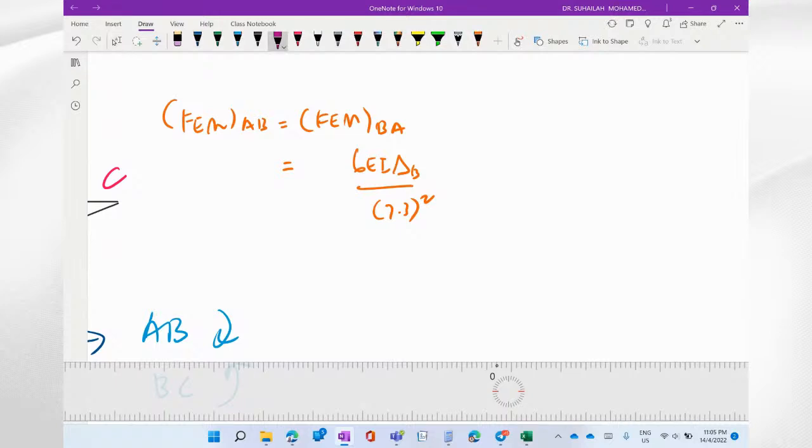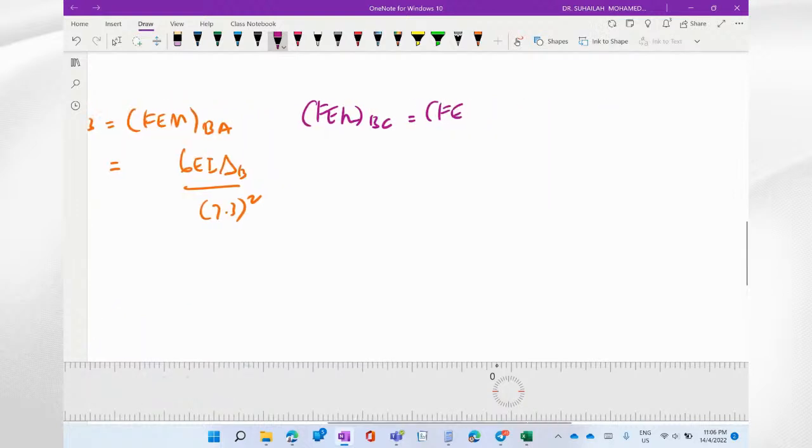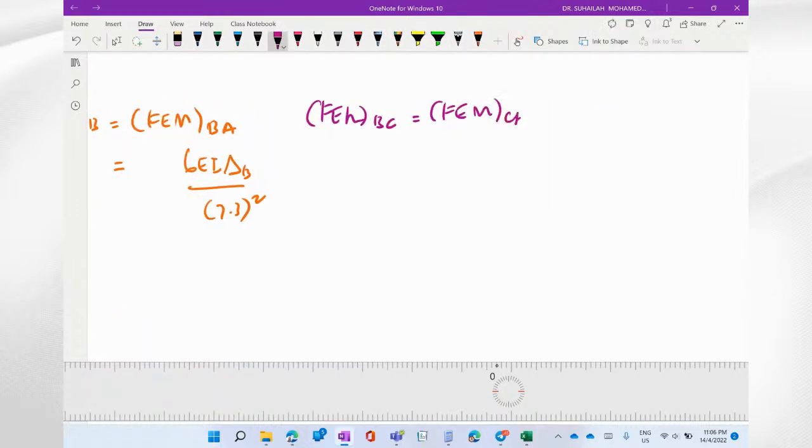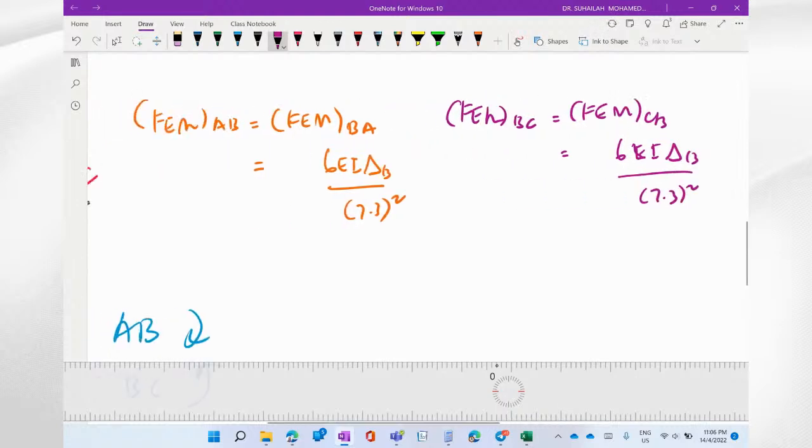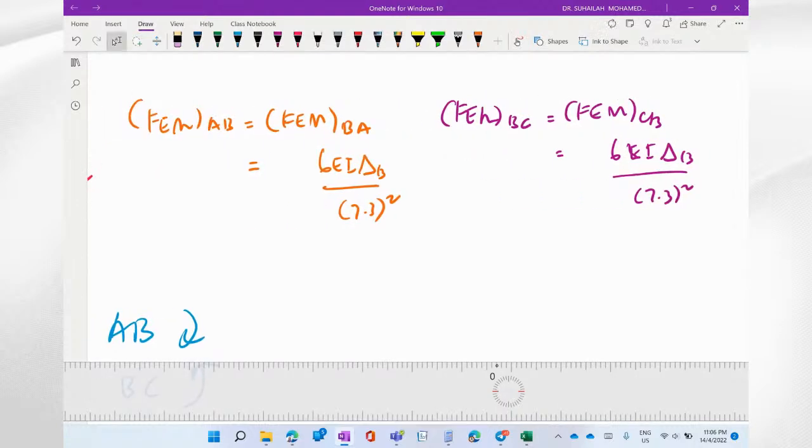Another one, FEM BC and FEM CB, is equal to 6EI delta B over 7.3. So between these two, which is positive?